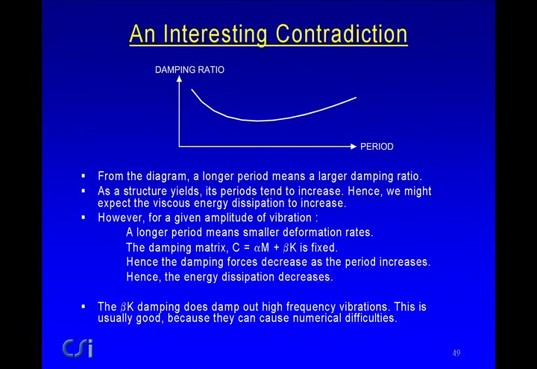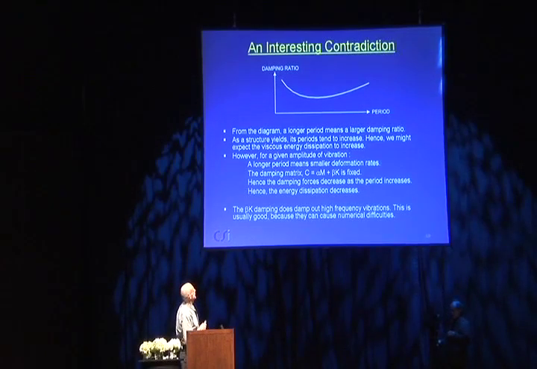Yeah, we have time. And there's an interesting contradiction here. This graph I showed before is damping ratio versus period, which says that as the period gets larger, the damping ratio gets higher. What happens in a nonlinear structure is that it tends to yield, and there's a tendency for the periods to increase.